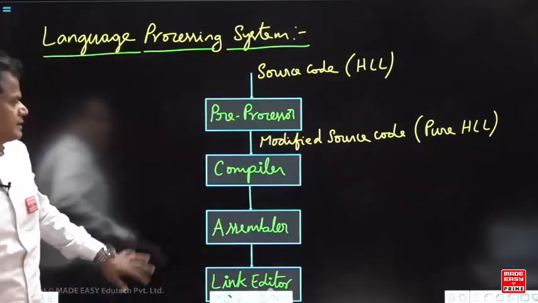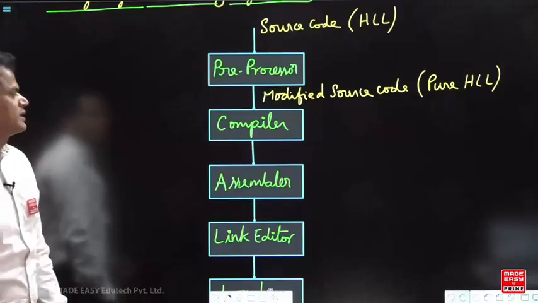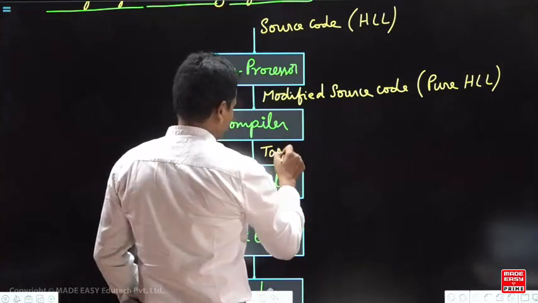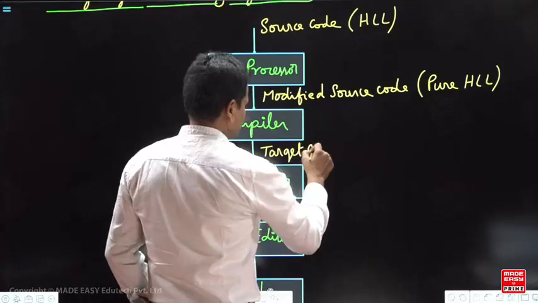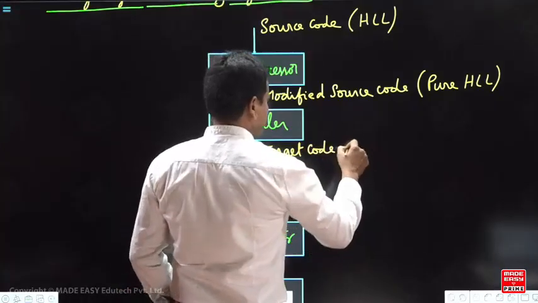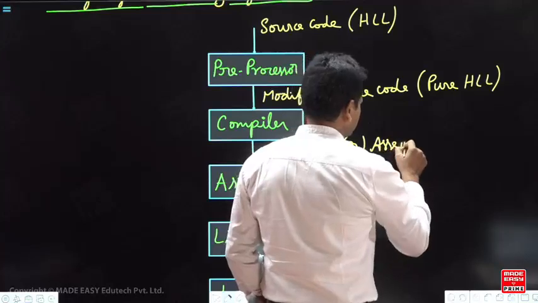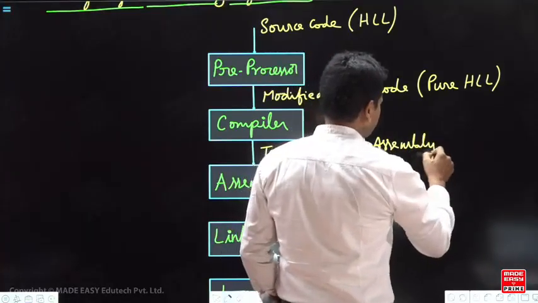Then the compiler takes the source code as input and produces the target code, or you can call it assembly language code. So keep copying.